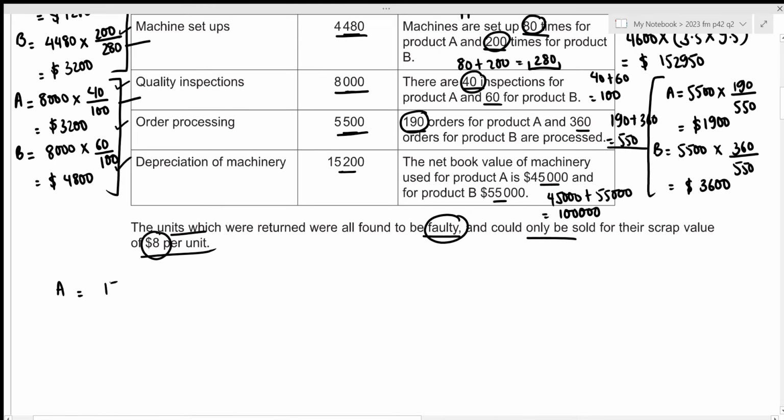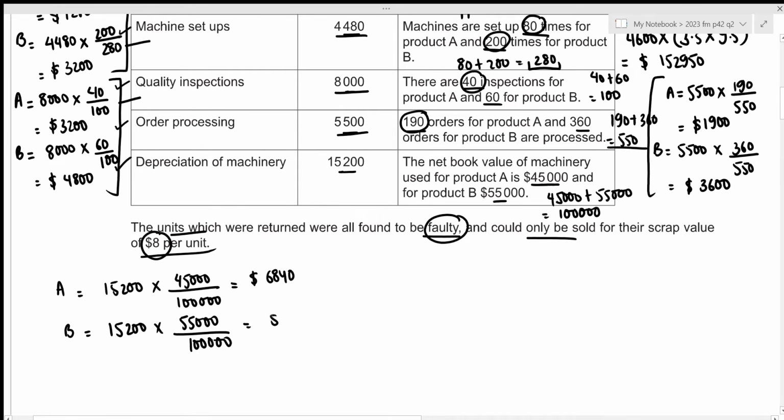We start with the total, so that's 15,200, and the net book value for product A is 45,000 out of the total of 100,000. This results in the apportionment of depreciation of machinery towards product A to be 6,840. Now we repeat the same process for product B, so that's 15,200 multiplied by 55,000 divided by 100,000, which results in 8,360.